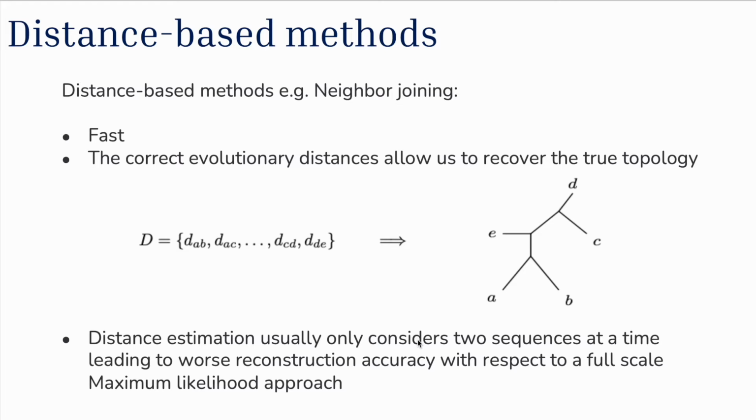Distance estimation is usually performed in the maximum likelihood framework, and for simple enough models of evolution, the maximum likelihood estimate of the distance between two sequences even has a closed expression. Nevertheless, the distance computation typically only considers two sequences at a time, failing to exploit all the information contained in the alignment, which reflects in worse reconstruction accuracies with respect to a full-scale maximum likelihood approach.